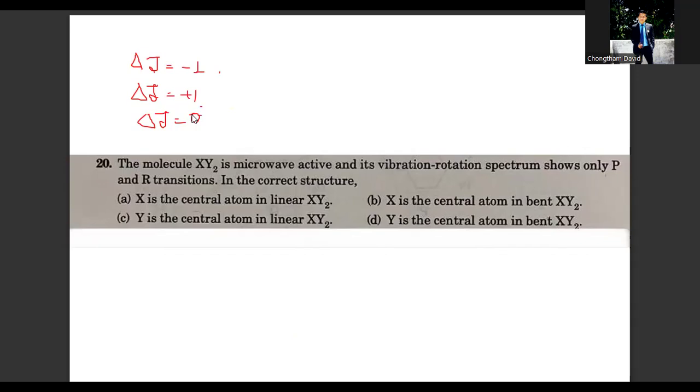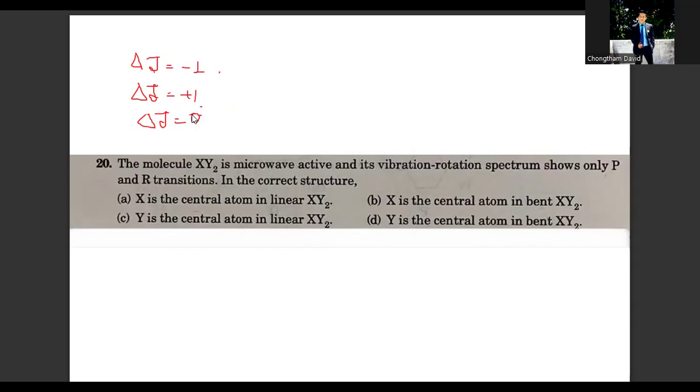It would not be microwave active unless the molecule is asymmetric, or has a bending mode that creates a dipole moment during the vibration. A bent molecule like water has a permanent dipole moment and is microwave active.